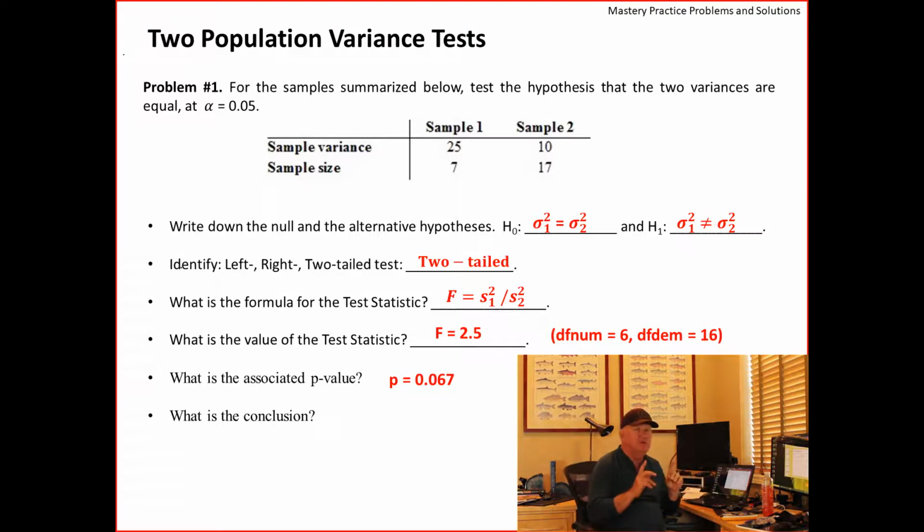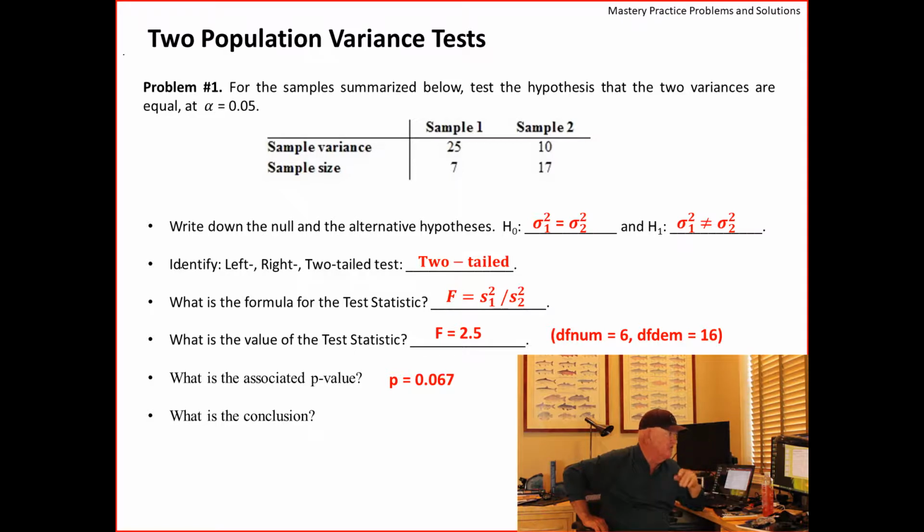What we were doing was a two-tailed test. So we took the 0.05 significance level, and we broke it up, one in the right tail, one in the left tail. There is no tail on the left-hand side since the F distribution stops at 0.